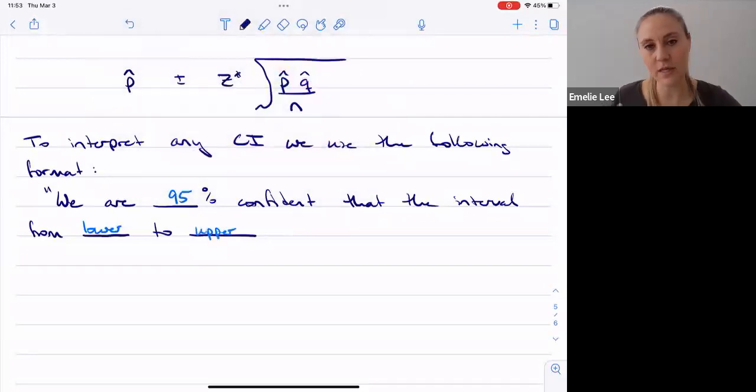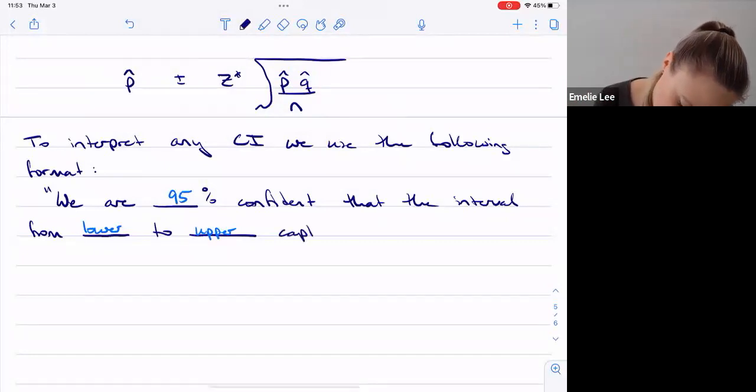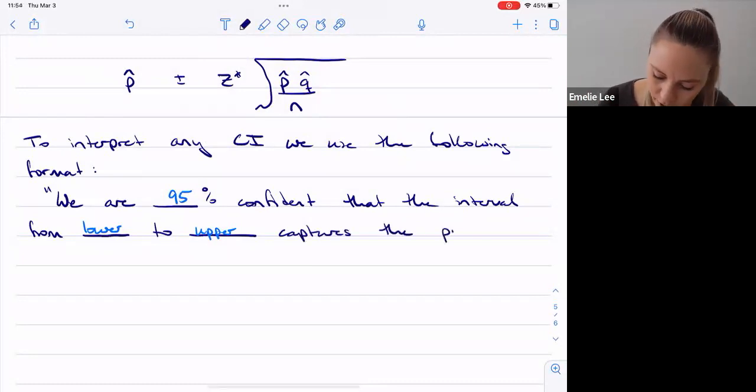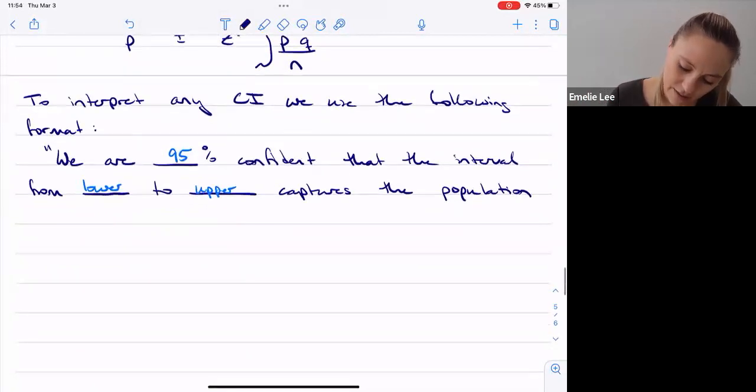So we're 95%, or we're some percentage confident that the interval from the lower to the upper bound captures the population blank.